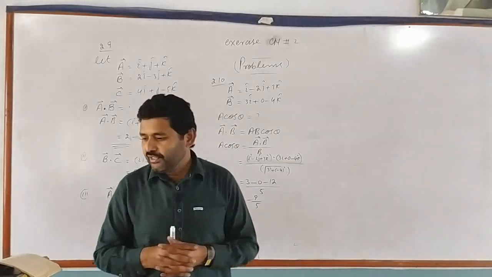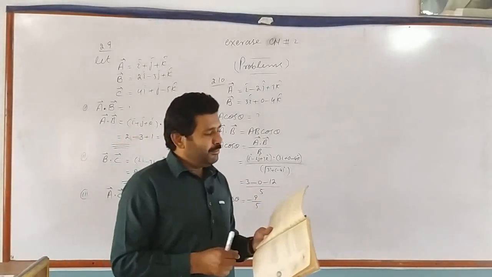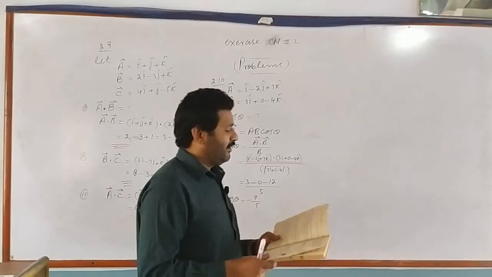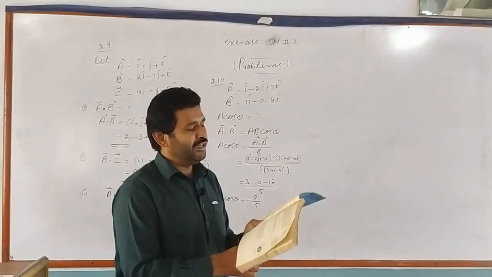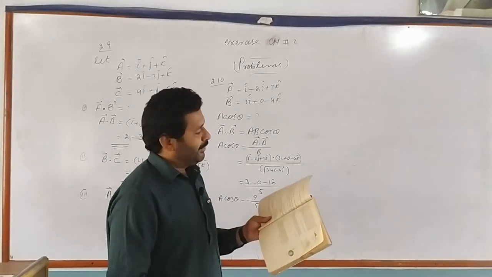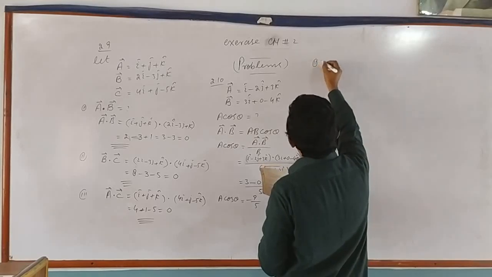Dear students, question number 11, the numerical question number 11: vector A, vector B and vector C are 4 units, 3 units and 8 units with some direction.